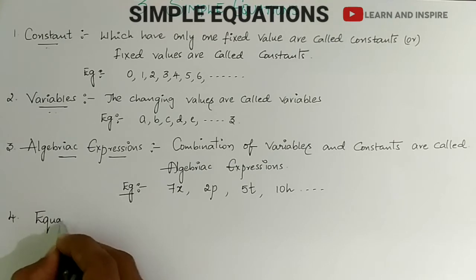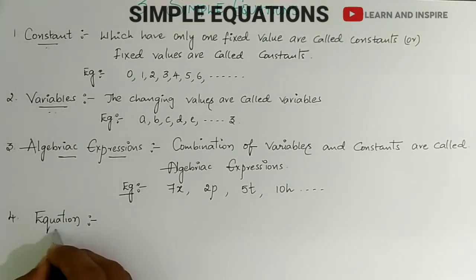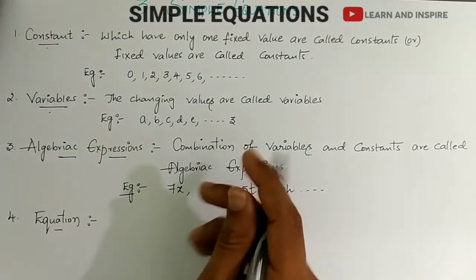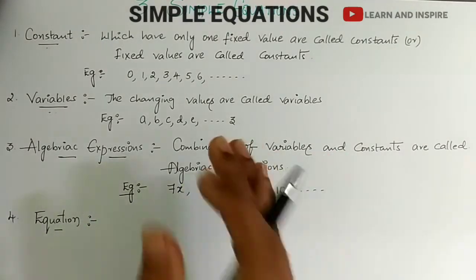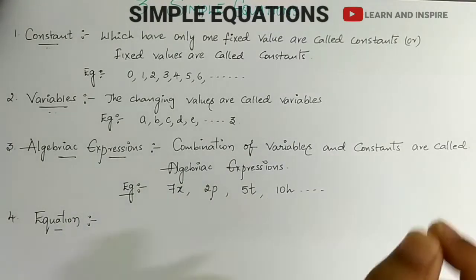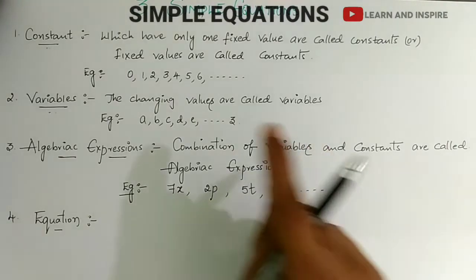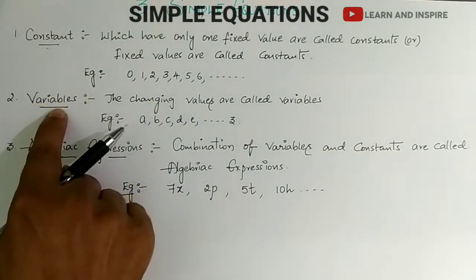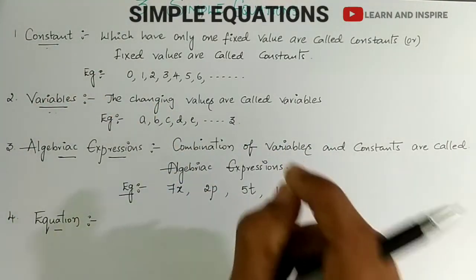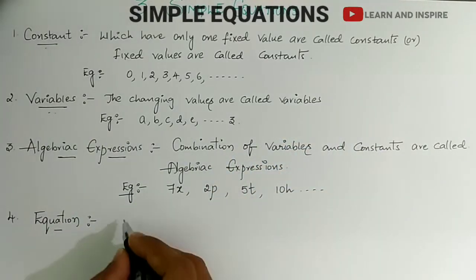And the next one we shall discuss is the equation. So what is an equation? An equation is nothing but a combination of constants, variables, and the important thing is the equality sign. Understood? An equation is a combination of constants, variables, and equality sign. Now we write the definition for equation.